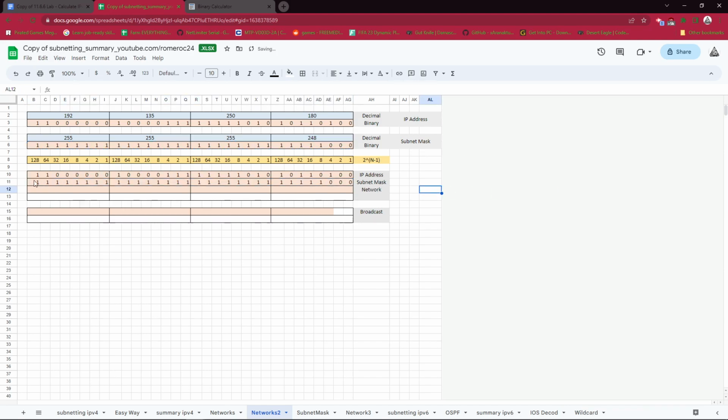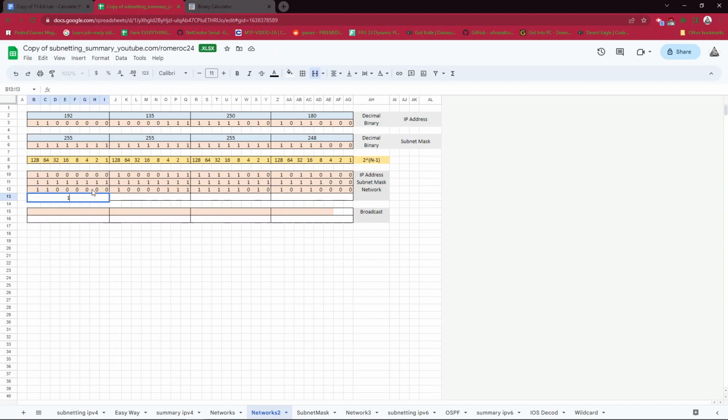And then we need to multiply the binary of the IP address with the subnet mask, and know that if we multiply with 1, we get the same answer. So just copy this and paste it right here, and then copy this and paste it right here. So what we have is the binary of the network address, and now we need to convert it into decimal.